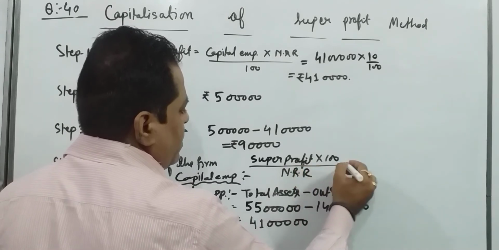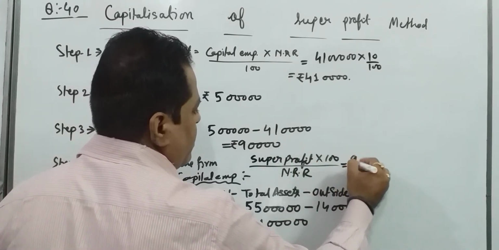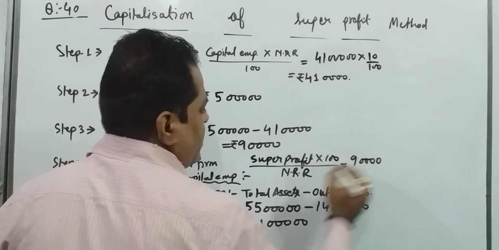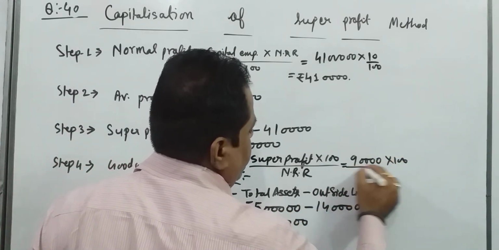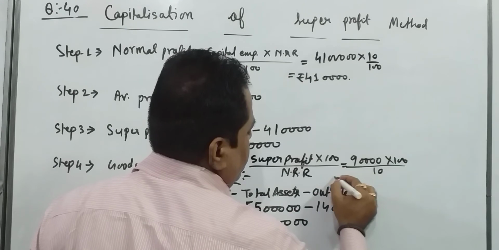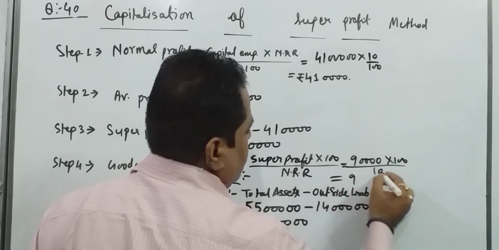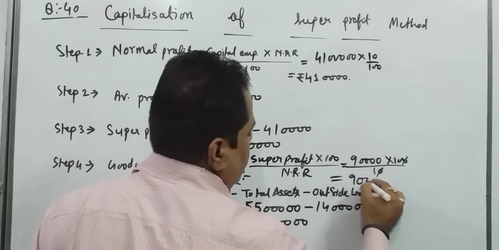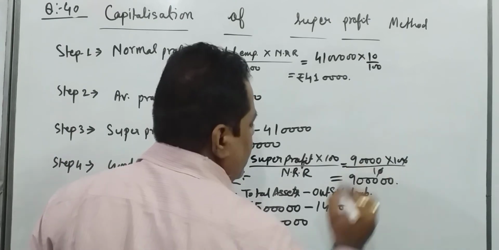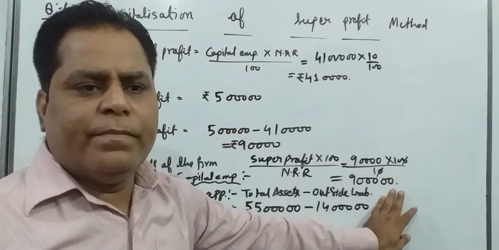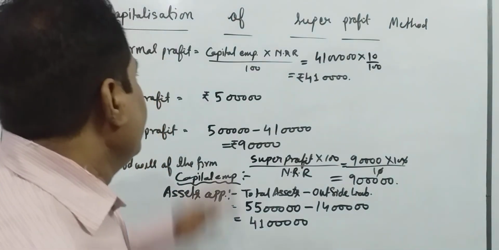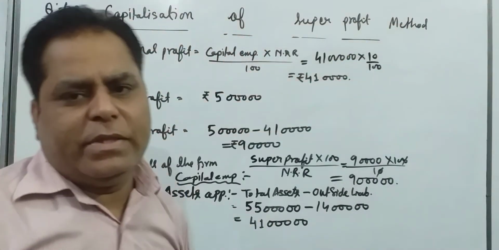So in this question we have super profit 90,000 and 100 upon normal rate of return is 10. So your answer is 9 lakh. 9 lakh is the goodwill of the firm by capitalization of super profit method.